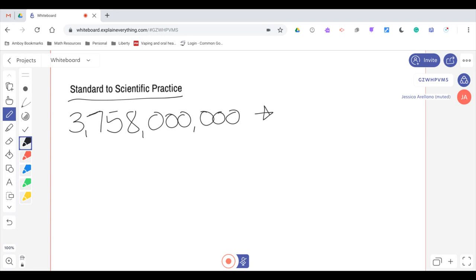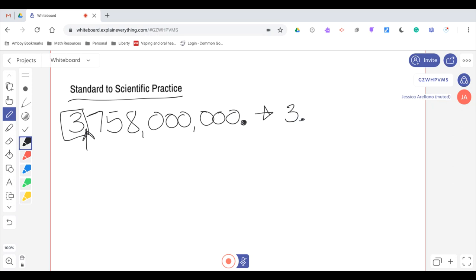Okay. Right now, all that we really do in scientific notation is move the decimal to a better place. Right now, the decimal is here. We don't bother to write it, but where we want it to be is right here. We want one number in front of the decimal.